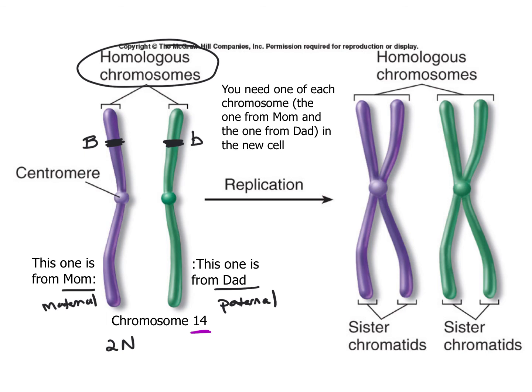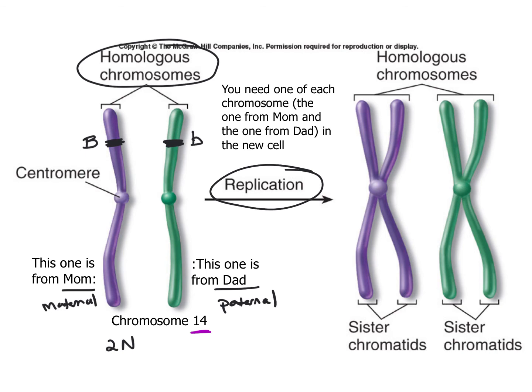2 copies, okay? So after replication takes place, because remember, in the next cell, I want one of these purple chromosomes, but I also need one of these green chromosomes. I don't want to split these 2 chromosomes from each other because then my cell will only have a purple or a green, correct? So after synthesis, what I want to do is make sure that I've duplicated both of these chromosomes, okay?